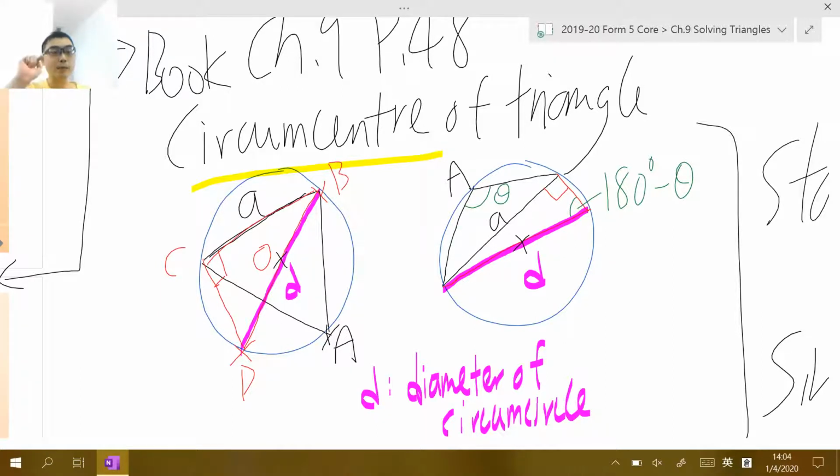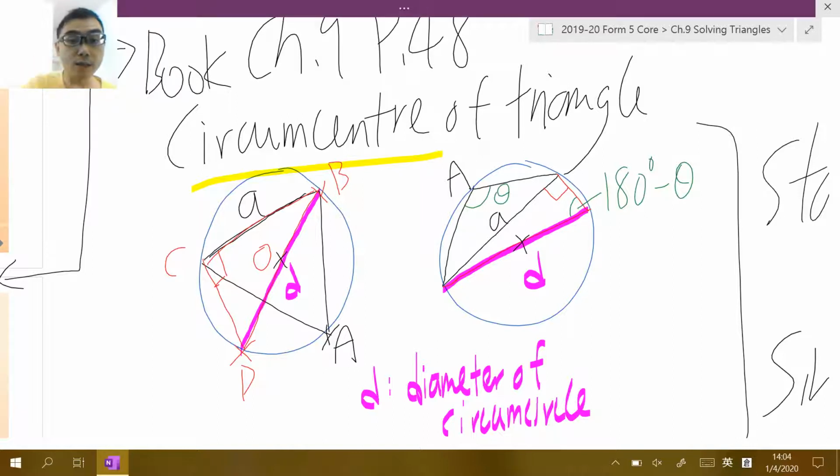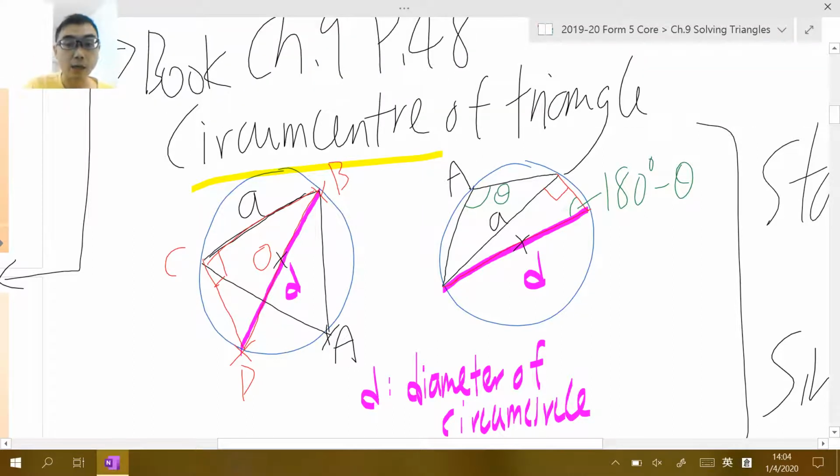Do be careful: because BD is the diameter of the circumcircle, the angle BCD should be 90 degrees, because of angle in semicircle. So you know that it is 90.